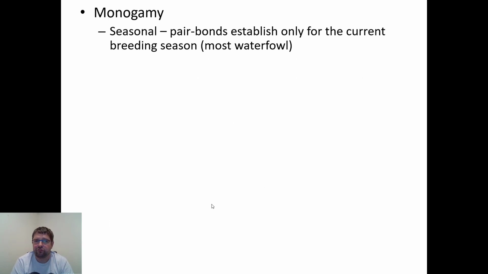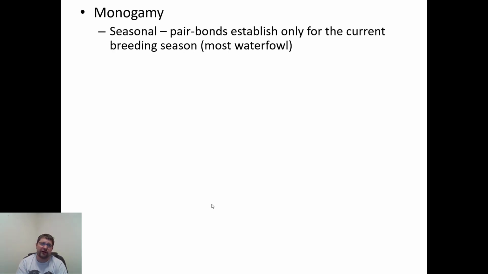All right, so that brings me to types of, I guess, sexual relations or sexual reproduction. You have monogamy, which can be lots of different situations. It can be seasonal, where you have a pair bond that occurs for a single breeding season. That's the way most waterfowl are.